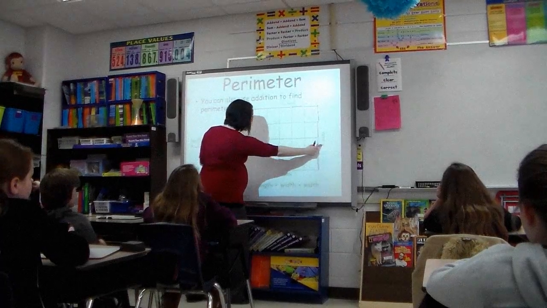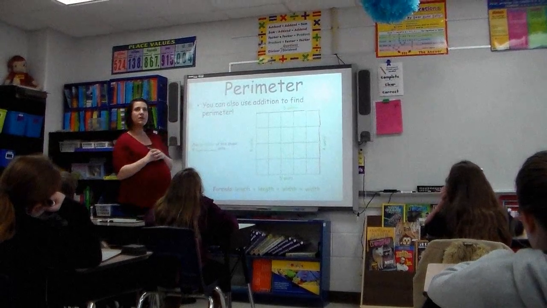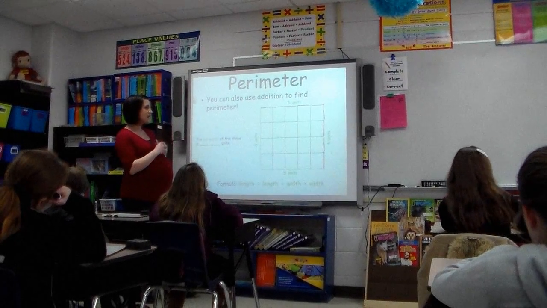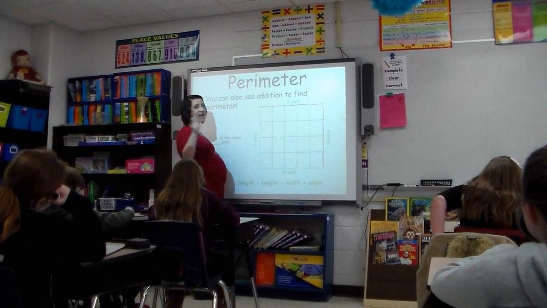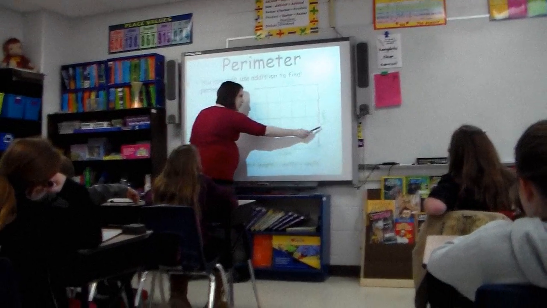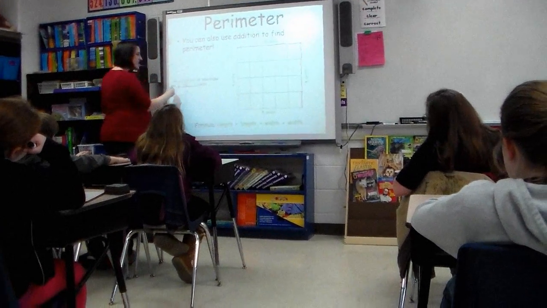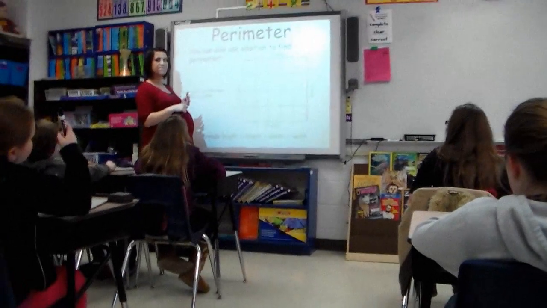And if this side is 4, what's this side going to be? 4. If it's a quadrilateral, or if it's a rectangular square, they're going to be the same on either side. So you just add them up, just like Ansley said. What's 5 plus 5? 10. And what's 4 plus 4? 8. And when we add them all together, we get 18. Length plus width plus width.